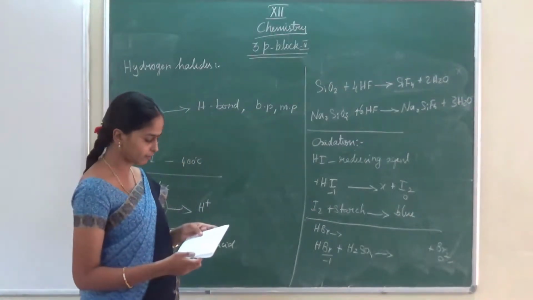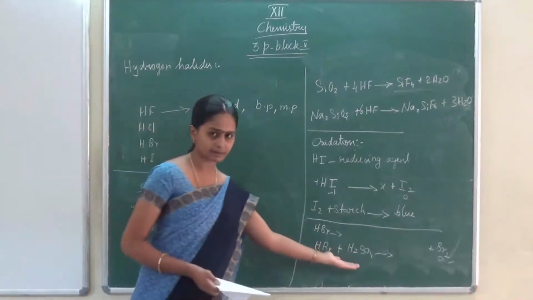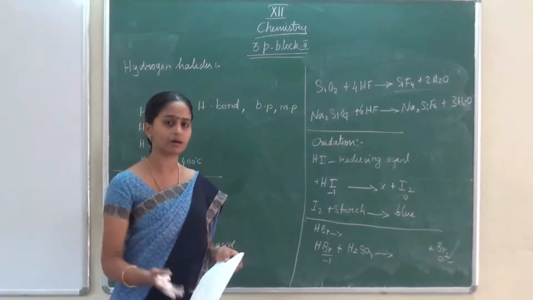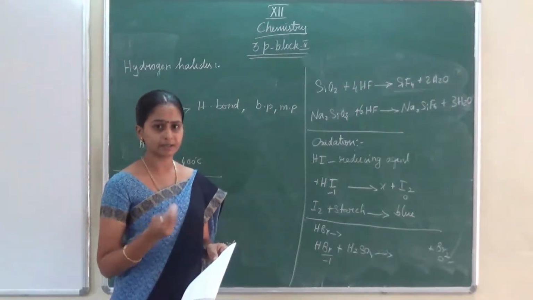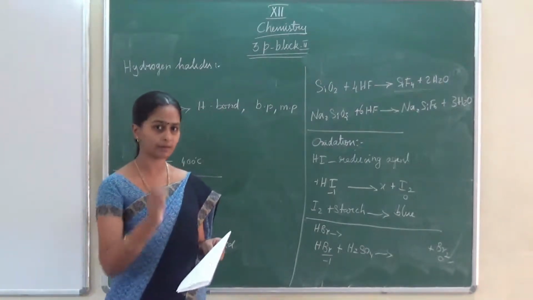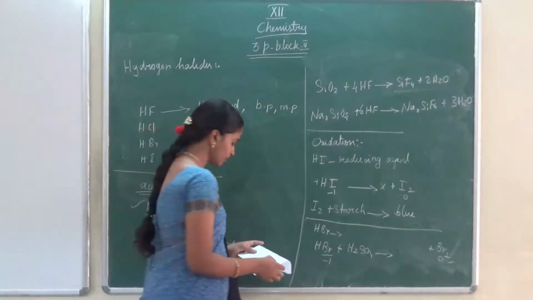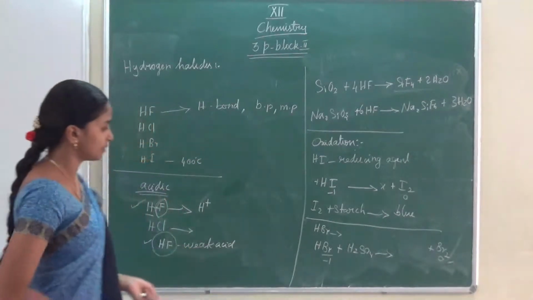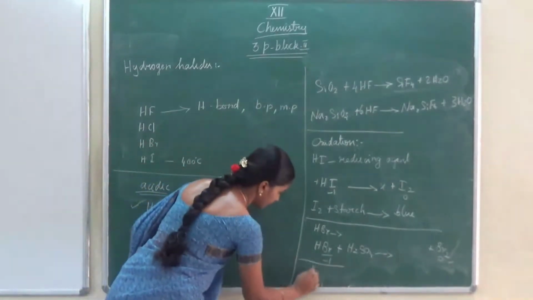In the case of HBr we add a mild oxidizing agent like H2SO4, but for HCl we have to add strong oxidizing agents like potassium permanganate, potassium dichromate, manganese dioxide. Underline this in your book. Have you copied? For HCl, if you want, I will write that also.